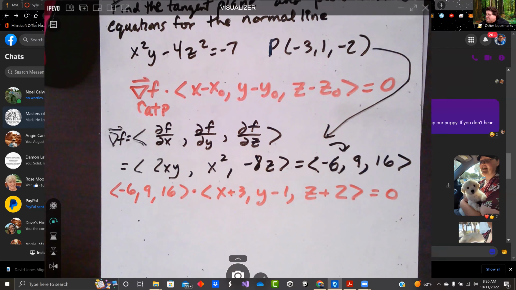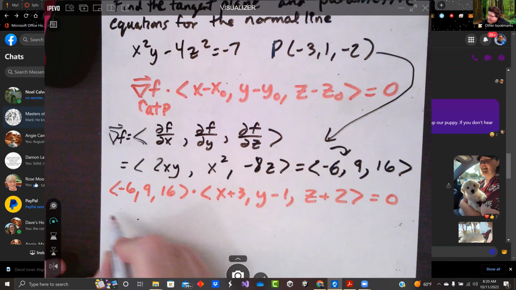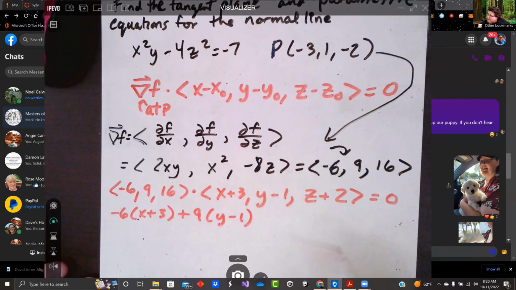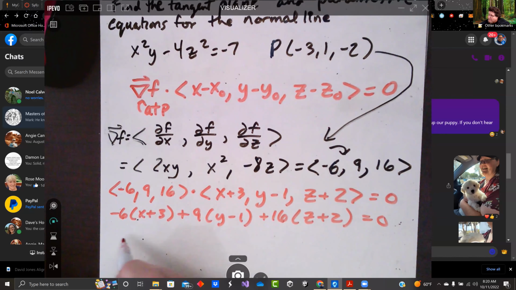Because we're having the gradient of f times the line. So we've got -6 times x plus 3, plus 9 times y minus 1, plus 16 times z plus 2. We've got -6x plus 9y plus 16z.